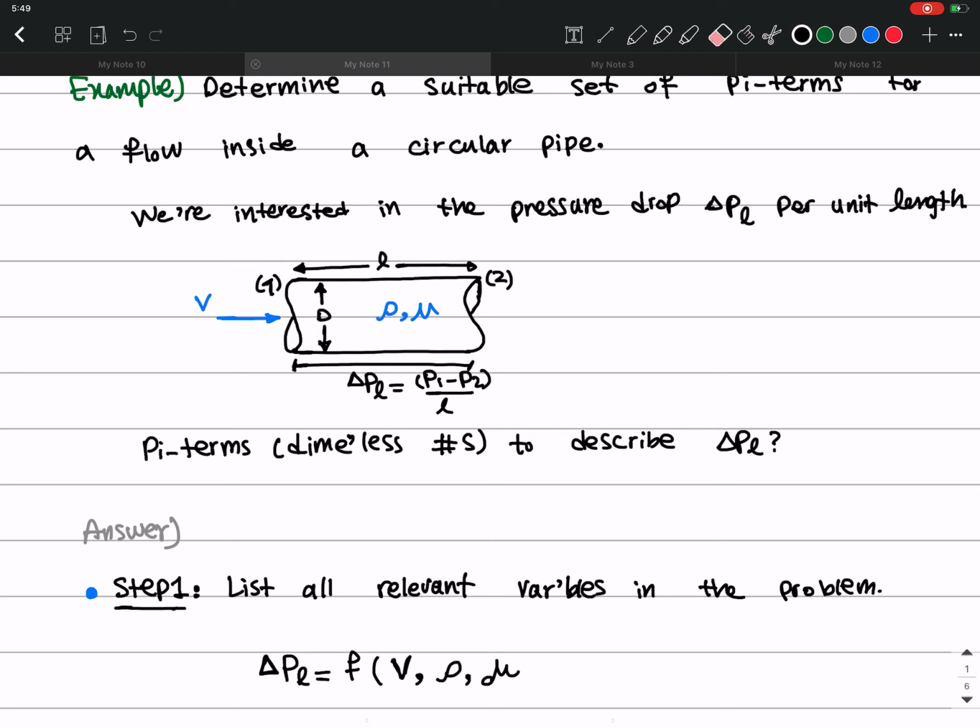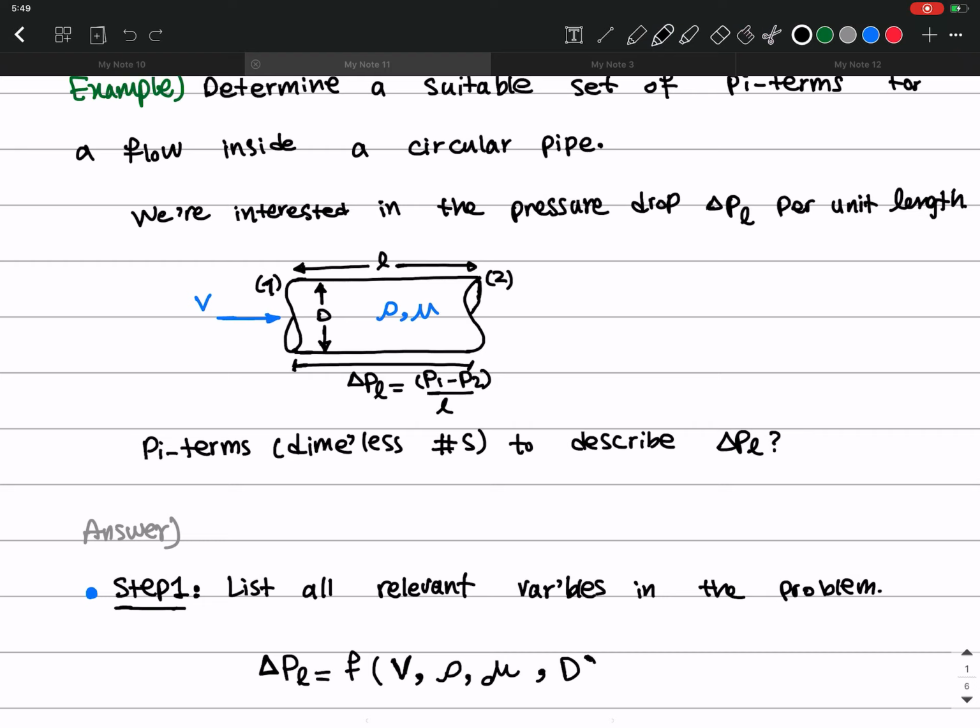And then the other parameter is about the pipe itself, which is the diameter of the pipe. And I haven't written the L because they're already accounting for it here. It's the pressure drop per unit length, okay?